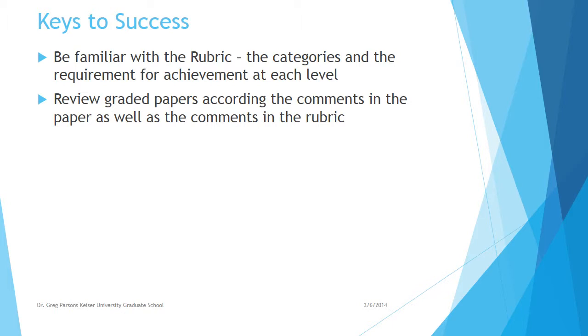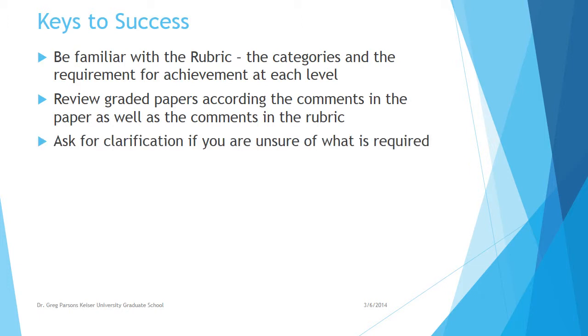And these will be fairly consistent with what I write on the rubric, but they'll be more specific in a particular targeted area within the paper, like a particular sentence or a particular word choice or a particular concept that I think needs to be changed. So look at both of them.